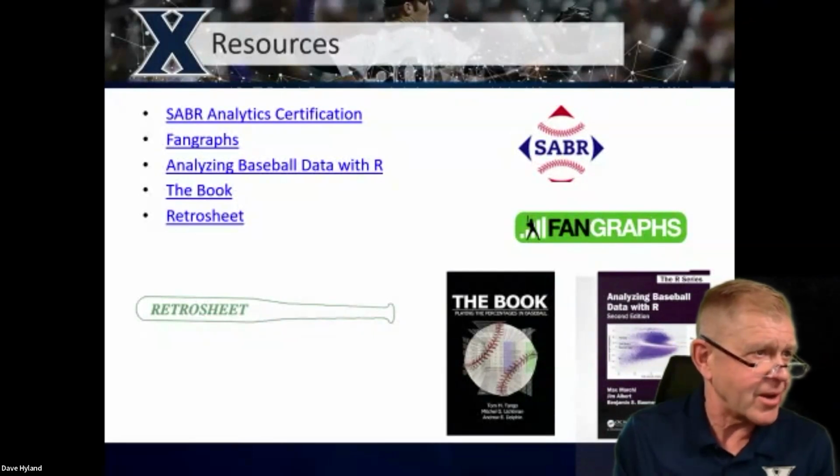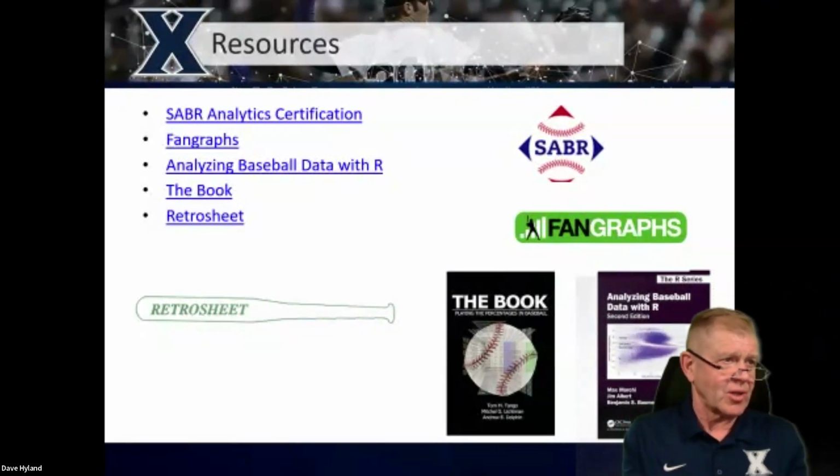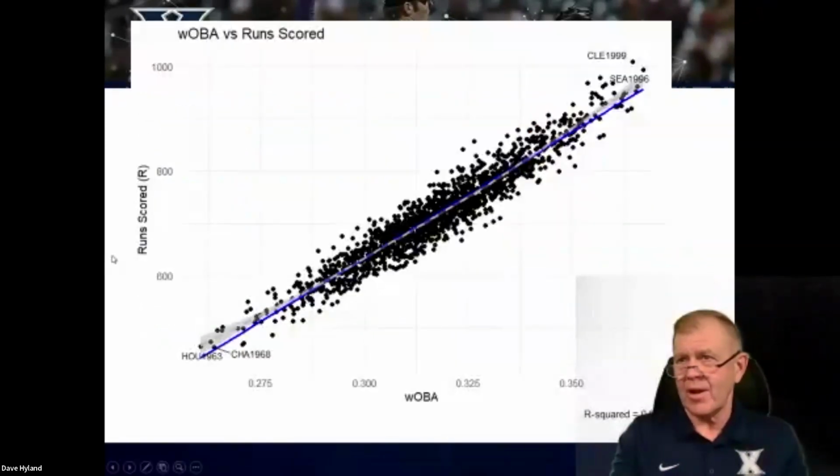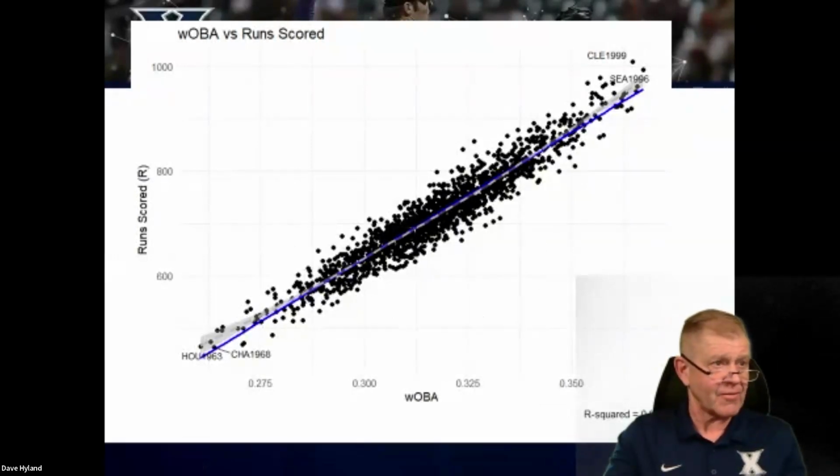Hannah's question about weighted runs created plus. I think the plus statistics are really cool. We didn't talk at all about park factors, right? So an R squared of 0.91 here. Some of the difference why it doesn't explain all of run scoring is certainly park factors.